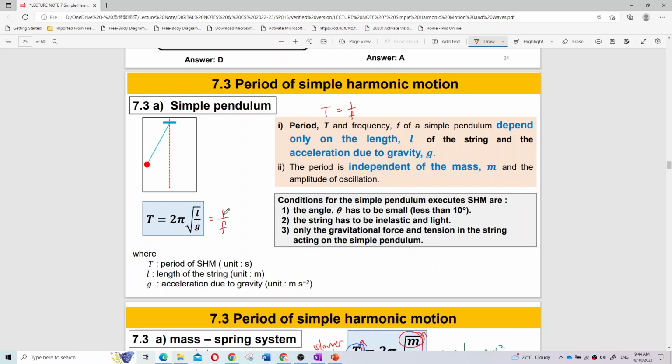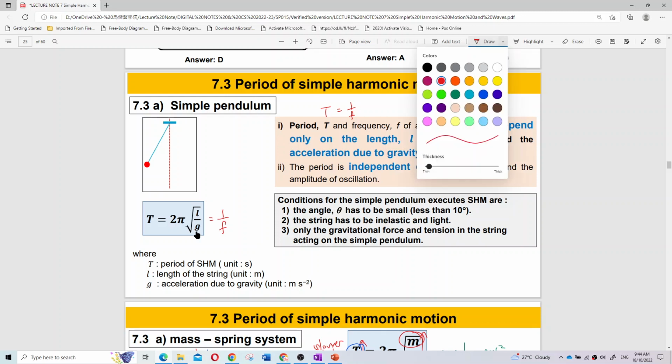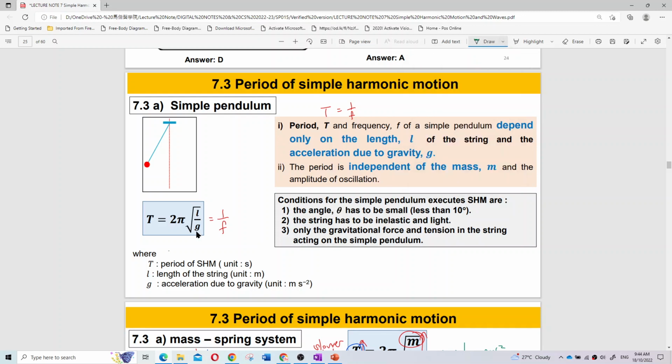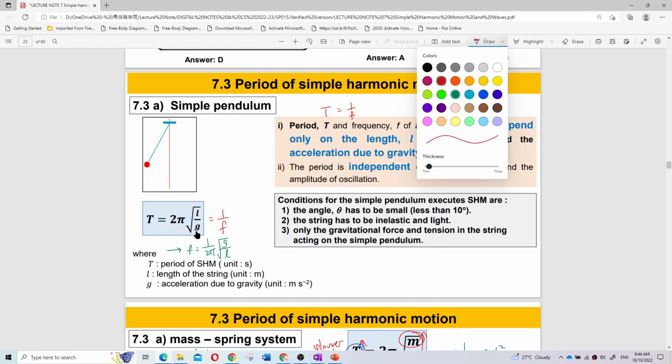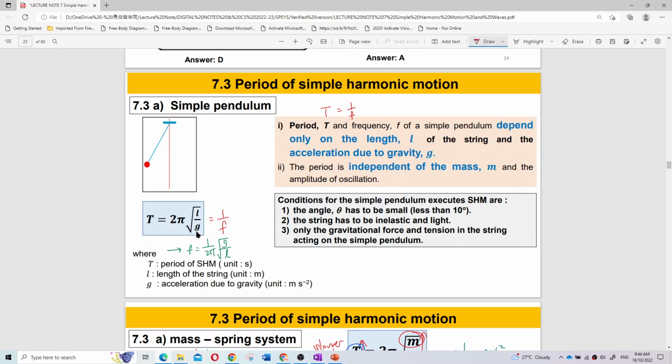Period is 1/F. 1/F equal to 2 pi square root L/G. So, nak tukar lagi, dia boleh jadi apa formula lagi? F equal to 1/(2 pi) square root G/L. Itu dialah.